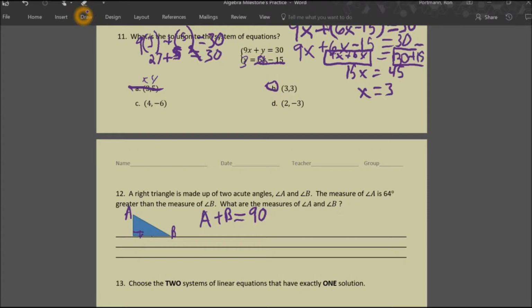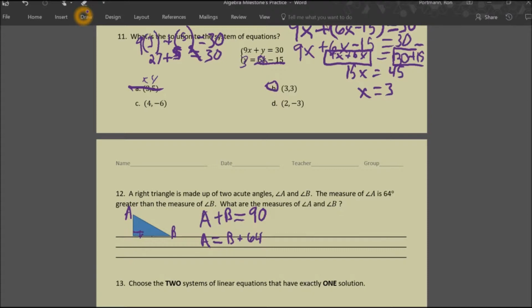Our next equation is you would say the measure of angle A is 64 greater than the measure of angle B. So you would say A equals B plus 64. All right, if you added 64 to B, you would have A. That's just the logic we're going through.